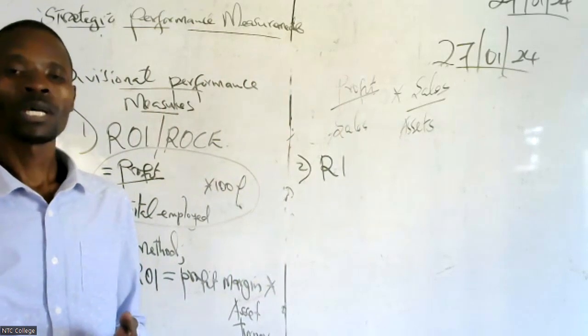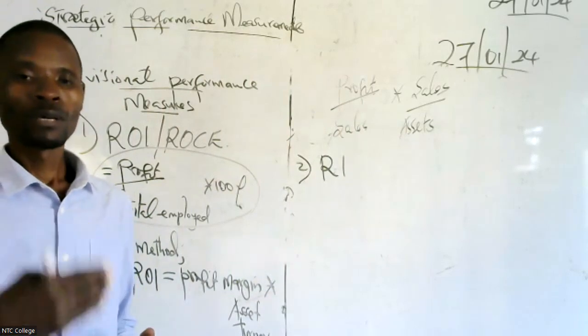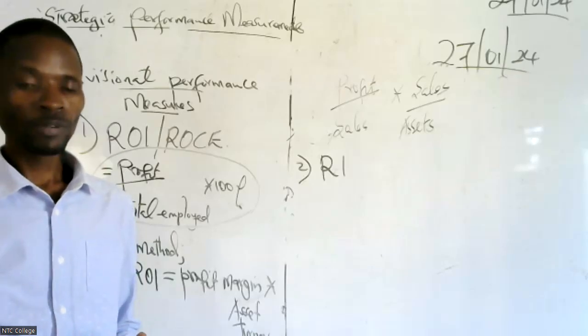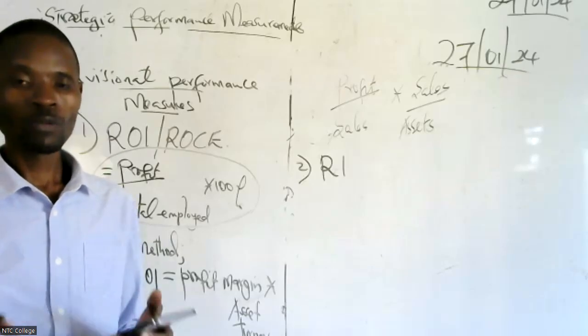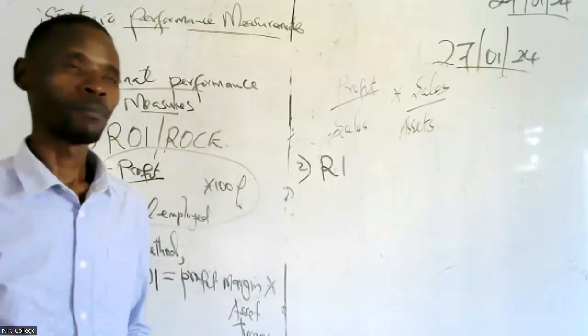So there's that amount that the company has been left with after they have paid providers of debt capital, and reinvestment has taken place. Whatever we remain with, that is what we mean as residual income.